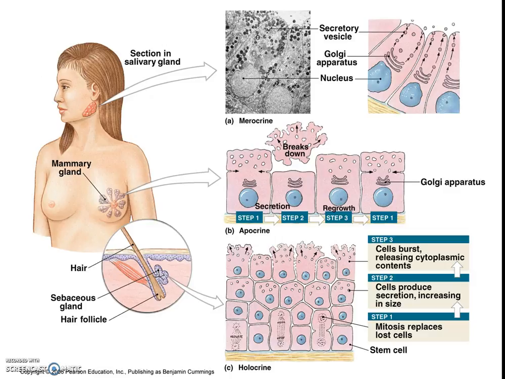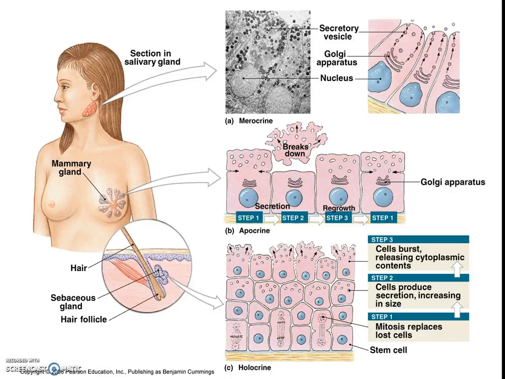But instead of the product going through exocytosis and then being released to a duct, notice that the product actually breaks down part of the cytoplasm of the cell itself, and the breakdown of the cytoplasm becomes the product. And so once we break down that cytoplasm, to do this again, we have to regrow the cytoplasm, and then we release the vesicles that break it down again to produce the product. Again, this is an apocrine secretion.